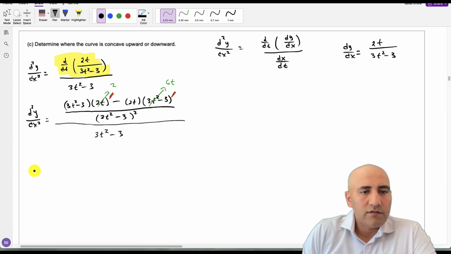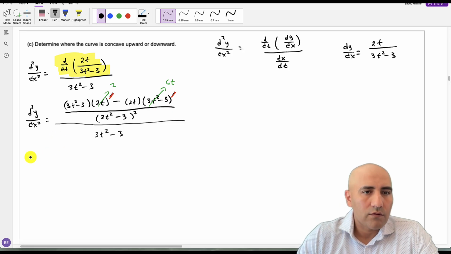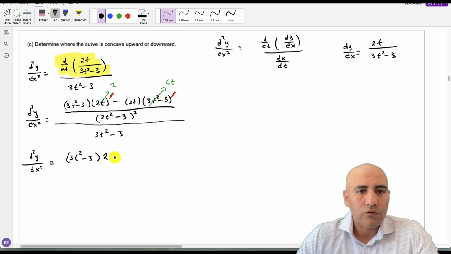Let's simplify this. This becomes (3t squared minus 3) times 2 minus 2t times 6t, divided by (3t squared minus 3) squared.